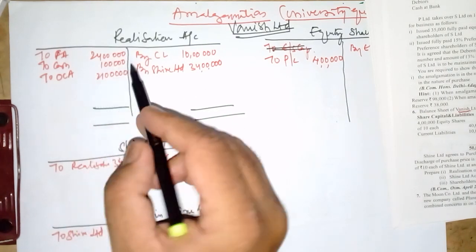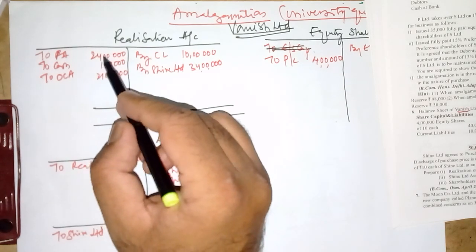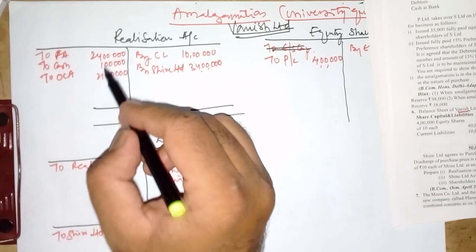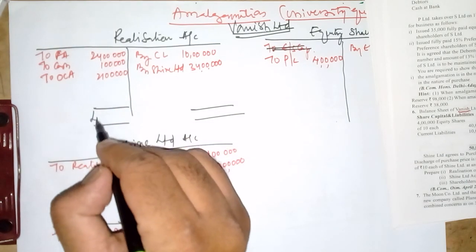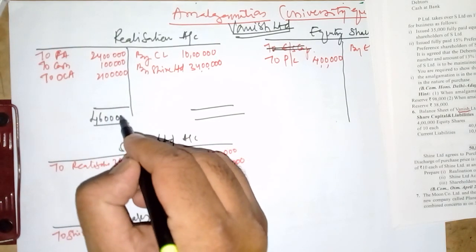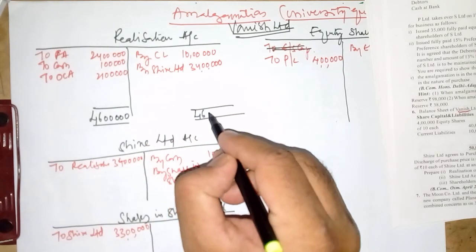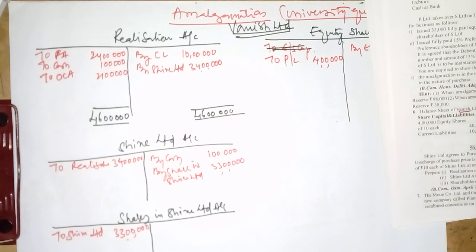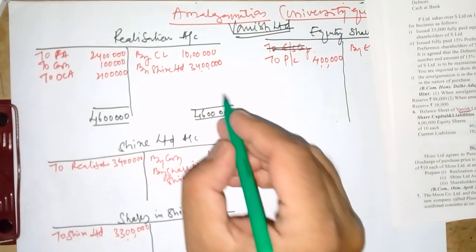This one is ours, 24 plus 20, 44, plus, so 46 lakhs total we are getting here. So both sides will write 46 lakhs. Very simple question it is. And we are getting the balancing figure. How much is the balancing figure? The balancing figure we are getting is 2 lakh rupees.